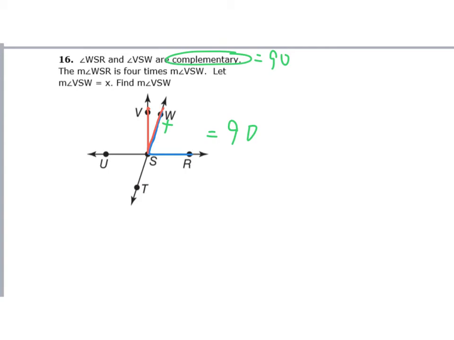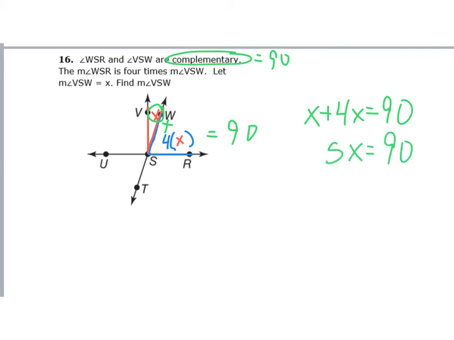WSR is 4 times VSW, which I don't know what it is, so I'll call it X. Well, look, I can see my equation, right? X plus 4x equals 90. So 5x equals 90. Divide both sides by 5 and x equals 18.